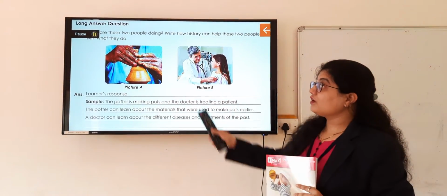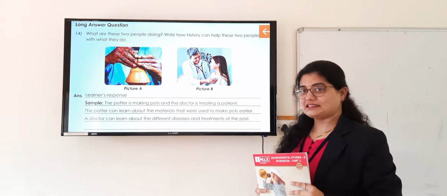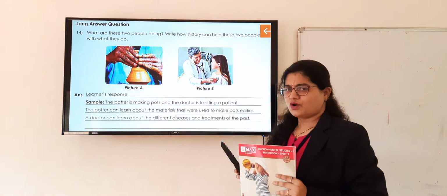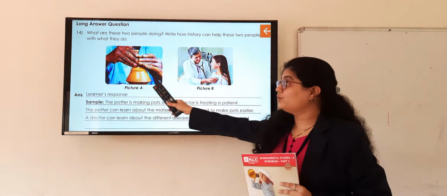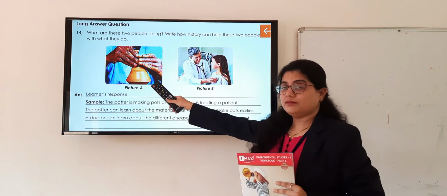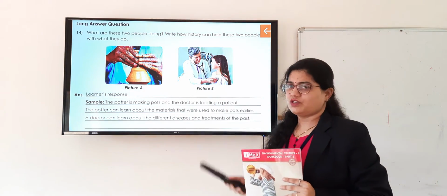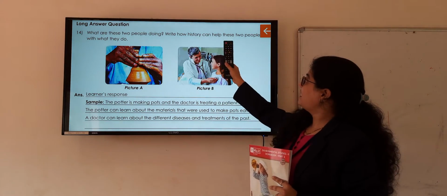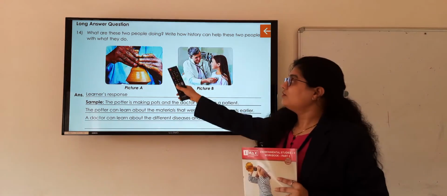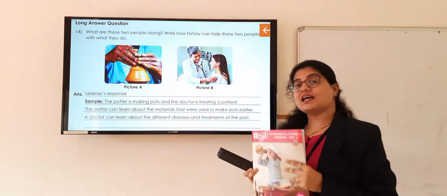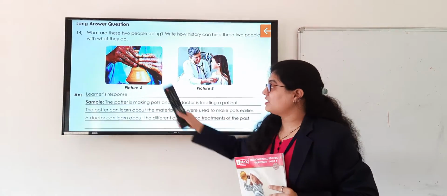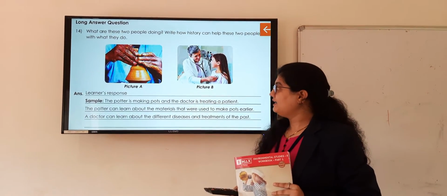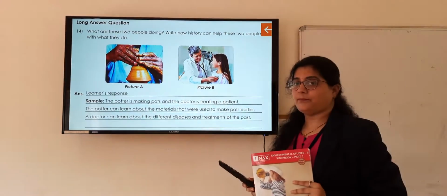Alright. Now let us move toward the next question. See here. Here long answer question is given. You have to observe this picture A and picture B. Alright. And you have to tell how the past helped them to study history. Alright. Here you have to write how history can help these two people with what they do. As I told you, from the picture A, you can say that a potter is making pots and the doctor is treating a patient.